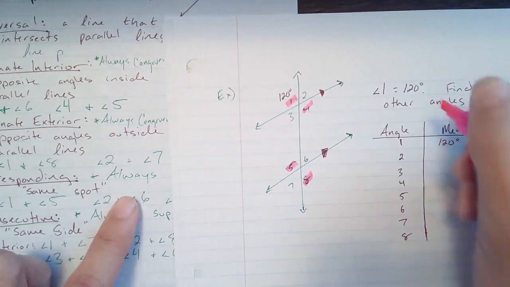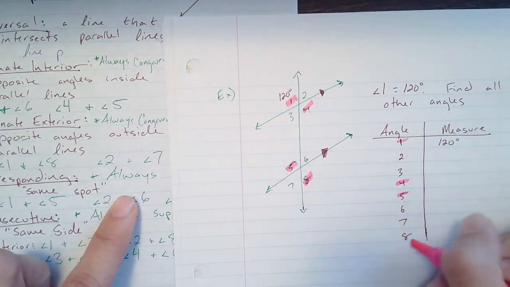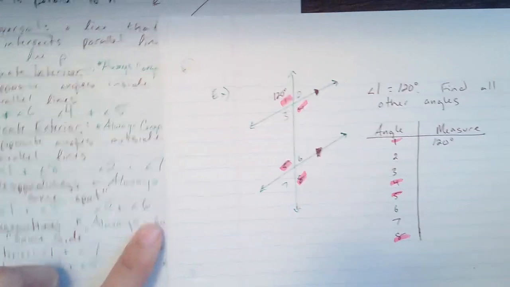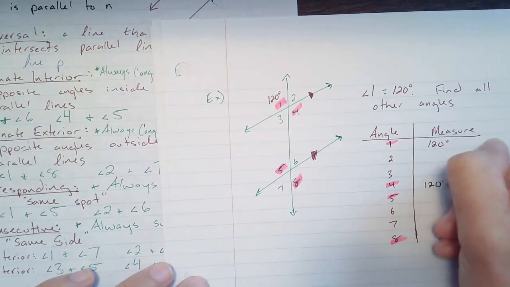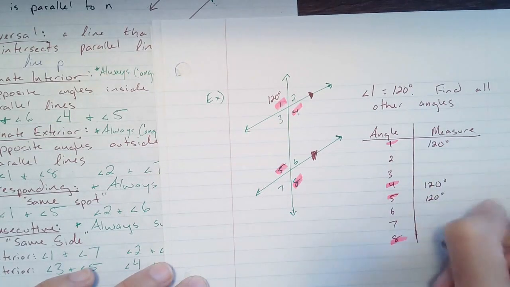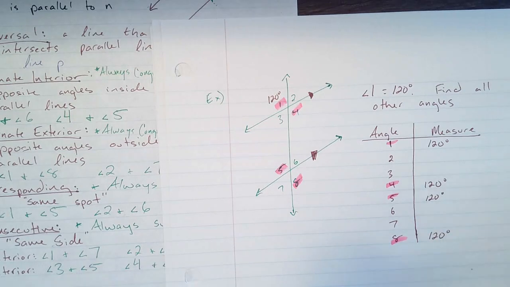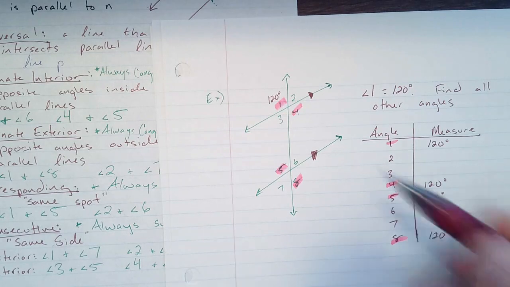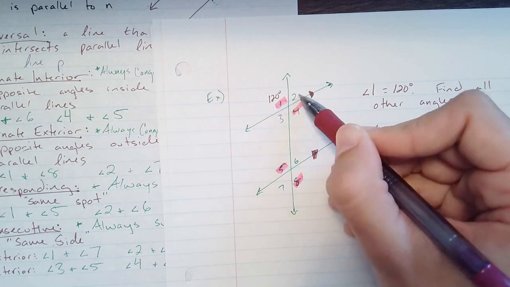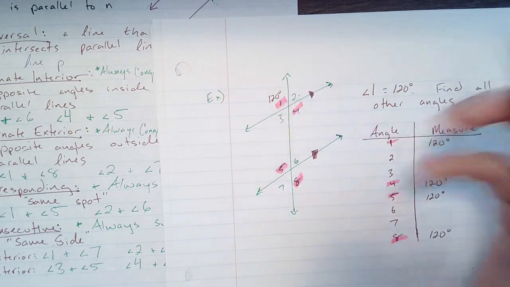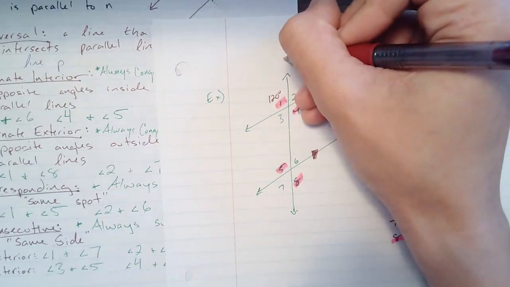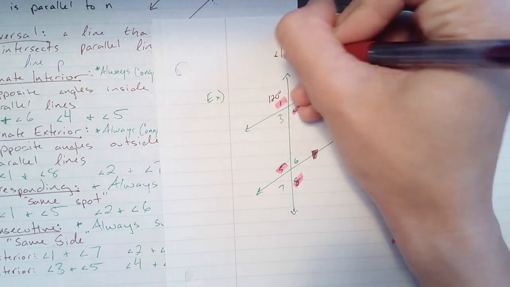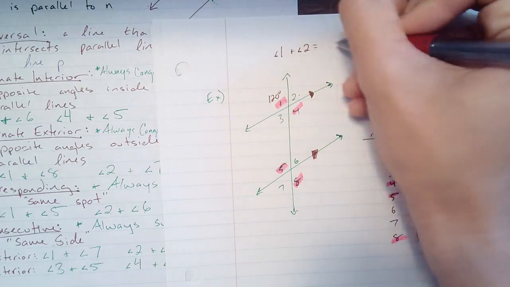So now we're going to figure out 2. Well, 1 and 2 are linear. So angle 2 has to add to 120 degrees to make 180, which means that angle 2 has to be 60.